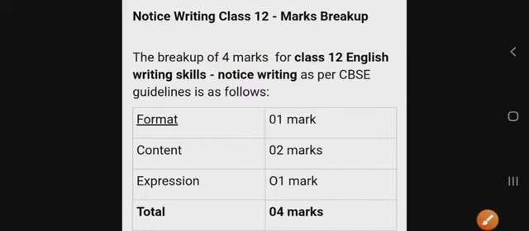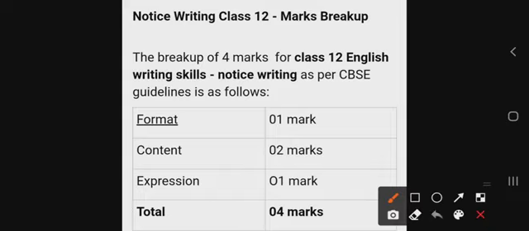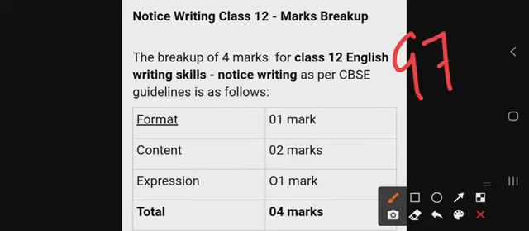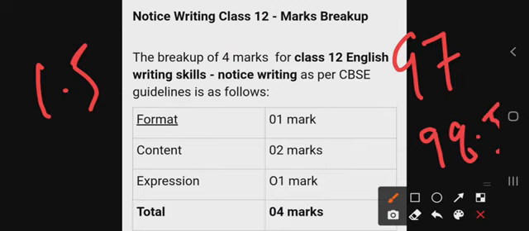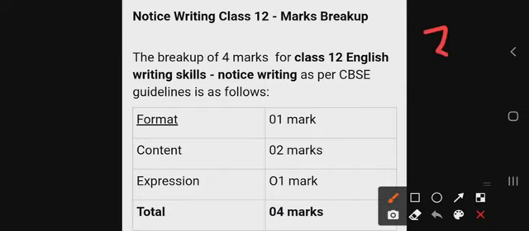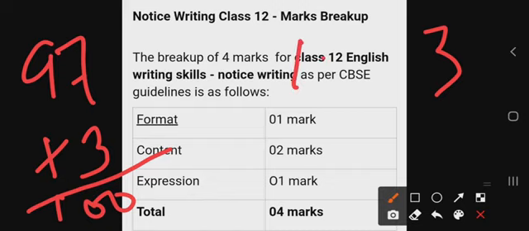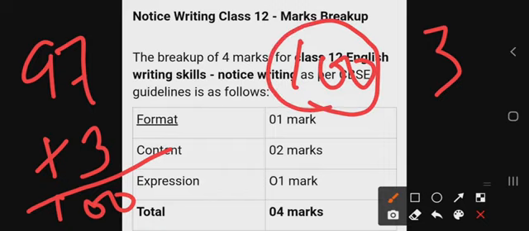I will tell you how. Suppose you are scoring 97 exactly, and if you get 1.5, it will make 98.5. And suppose if you get full 3 marks, so 97 plus 3 makes 100. I think this 100 looks good instead of 98.5.